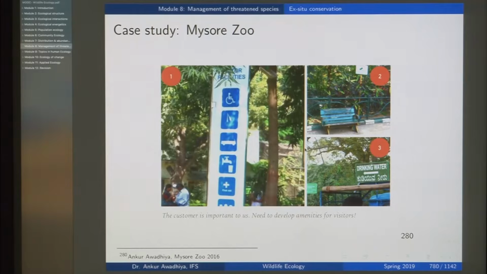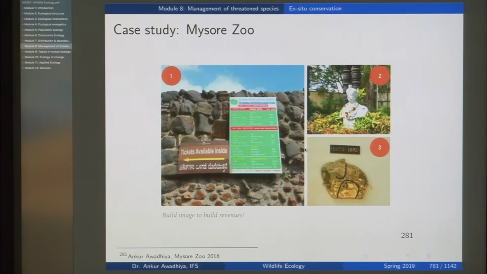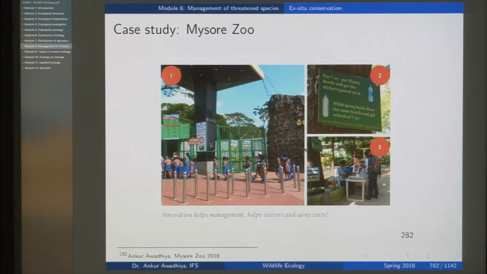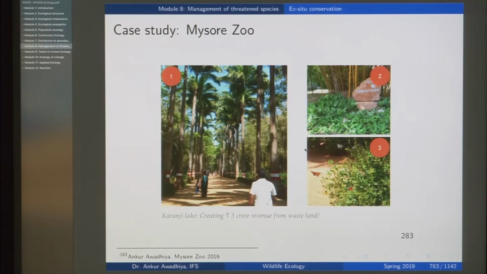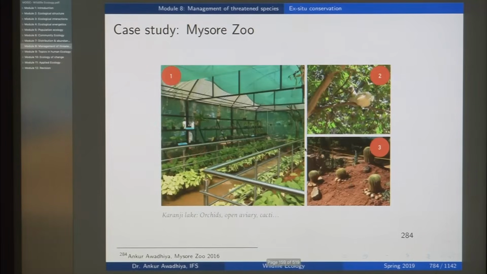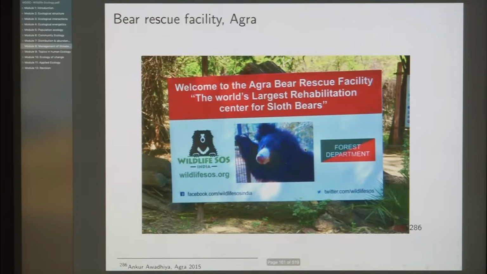Then you also need to take care of the people who are visiting into your zoos. You need to build your image, and you need to have innovative actions, and then you can also have things such as areas where you are having a collection of butterflies or collection of hydrophytes and so on, or collection of orchids, open air aviary, or collection of cacti and so on.